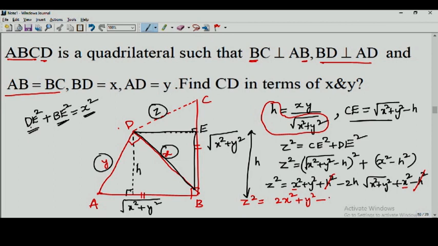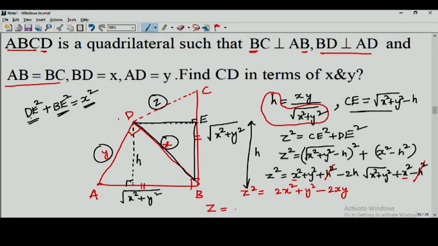That is xy. So 2xy we will get. So the z value will be equal to the square root of, we will take the positive value, 2x square plus y square minus 2xy. So z is root of 2x square plus y square minus 2xy.